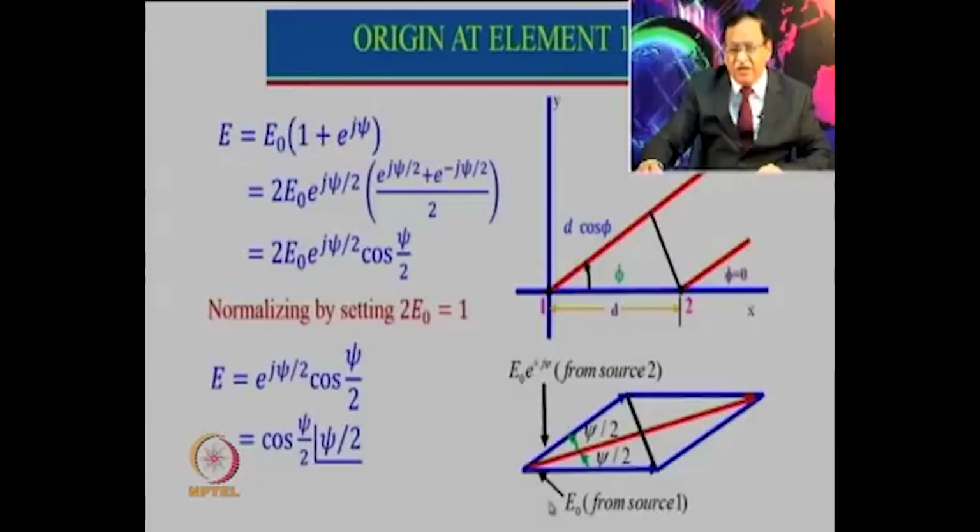So 1 will be the horizontal here, and plus e to the power j psi will be somewhere here, and if we take the effective addition of these two vector components, the maximum will be along the direction of psi by 2. So it does not matter whether we take antennas symmetrical to the origin, or one antenna at the origin or at some other place, the radiation pattern amplitude will remain the same.